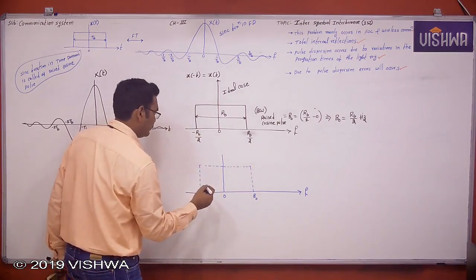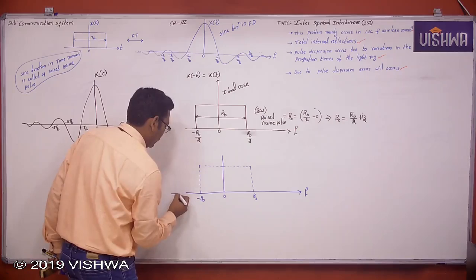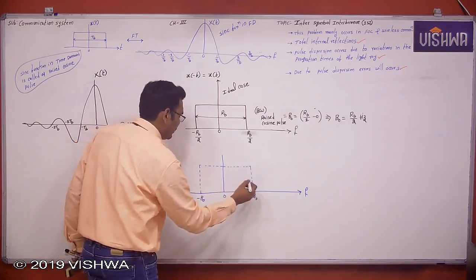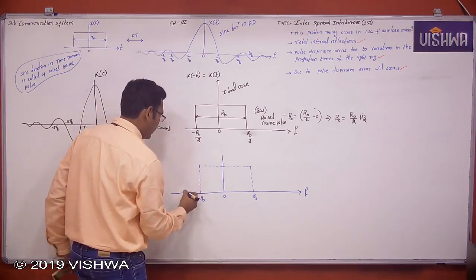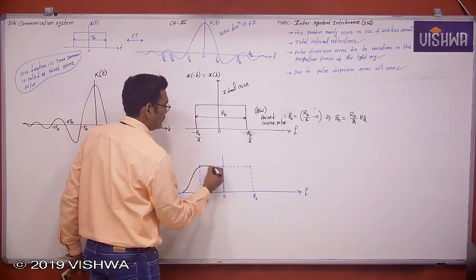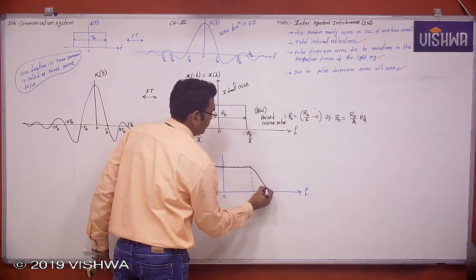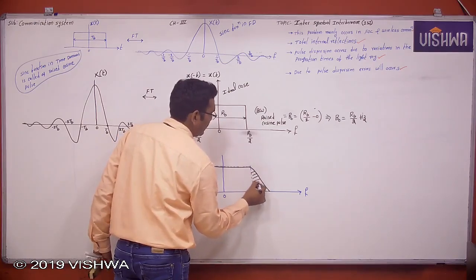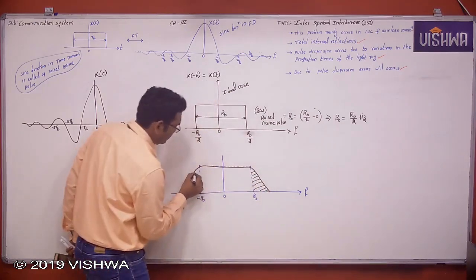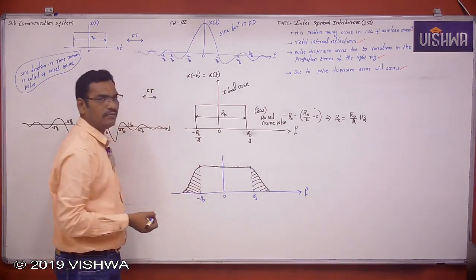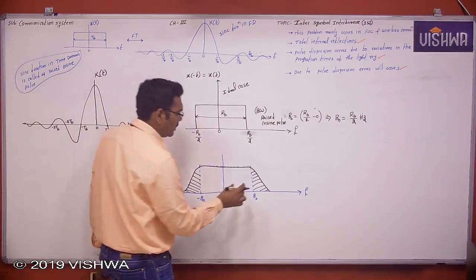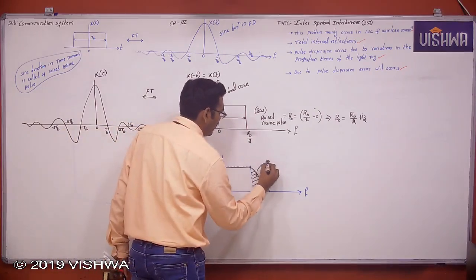Practical means some transition. Whenever there is some transition, this is the transition bandwidth, some excessive bandwidth. So practical filters will have such kinds of transitions.